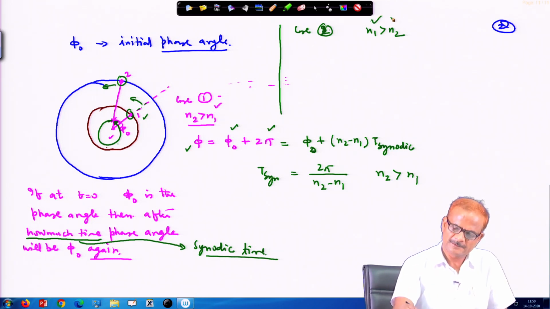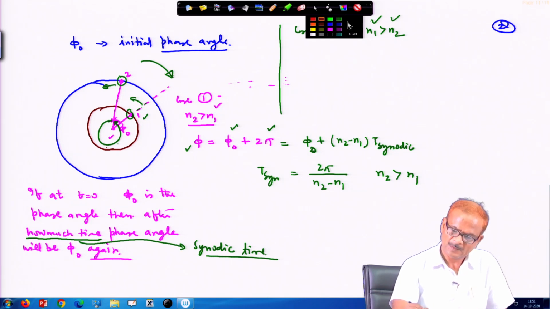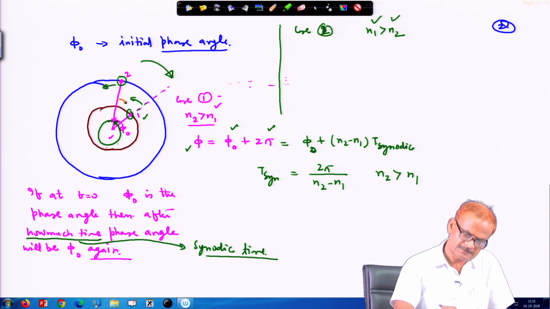If n 1 is greater than n 2, with respect to 1, the 2 will appear to move in the clockwise direction like this. So, therefore, the angle to be covered in that case has to start from this place. Okay. It will go here in the back direction.